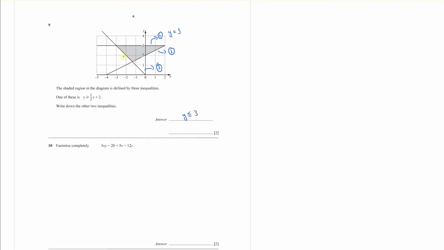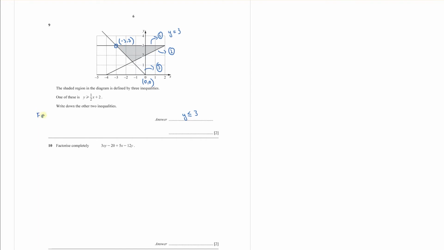For this line, we have to find the equation, and then our inequality would be greater than or equal to, since the shaded region is above this line. So to calculate the gradient, we can take any 2 points that lie on this line. This line passes through the origin, so (0, 0) would be 1 point. And the other point, we can take this one, which is -3 on the x-axis, and the y value is 3.